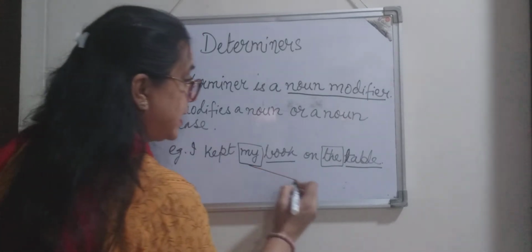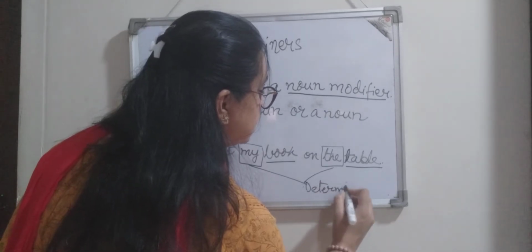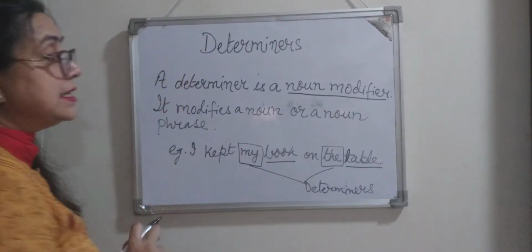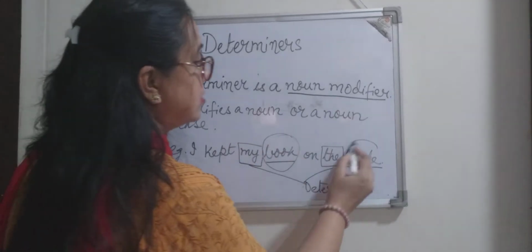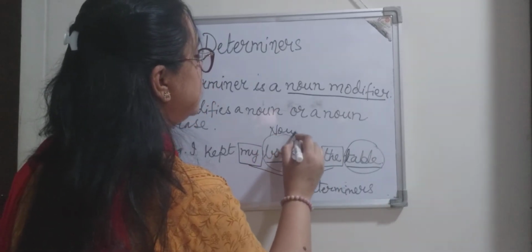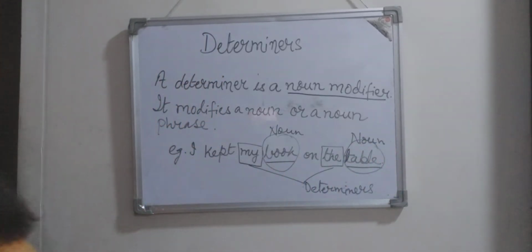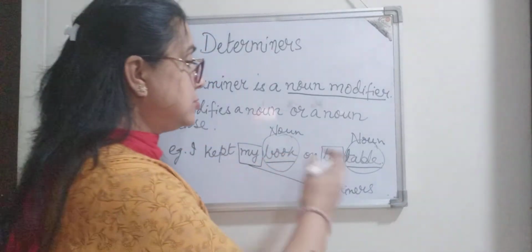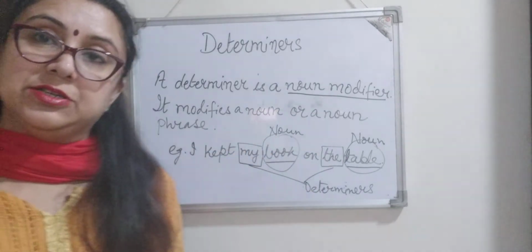Here, my and the are the determiners, right? So you can see very clearly how these determiners give more information, they modify the nouns. Here, this is a noun and this is another noun, and more information is being given about these two nouns by these words my and the. So these are the determiners, right?